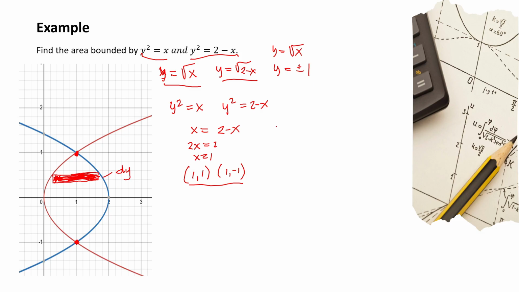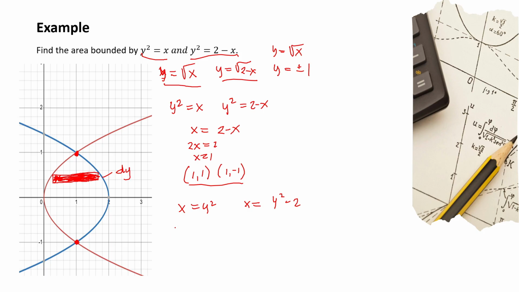Since it is with respect to y, this is x equals y squared, and this is x equals 2 minus y squared. So this is horizontal stripping, from left to right.